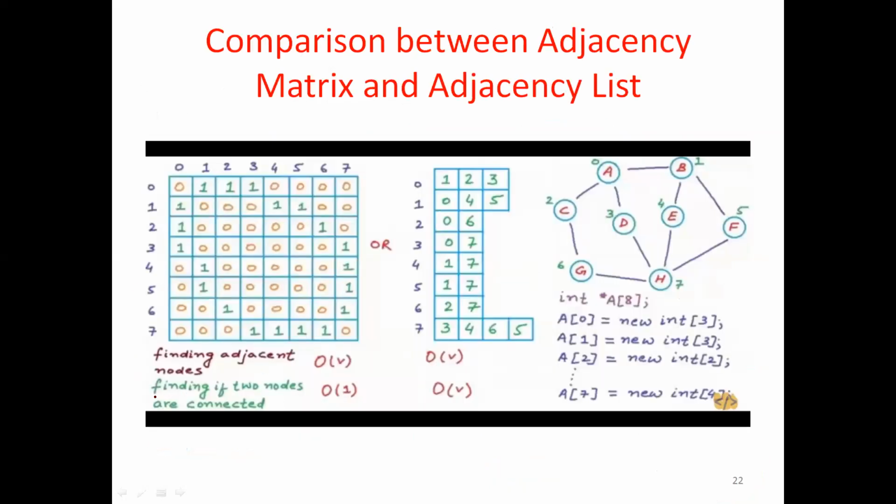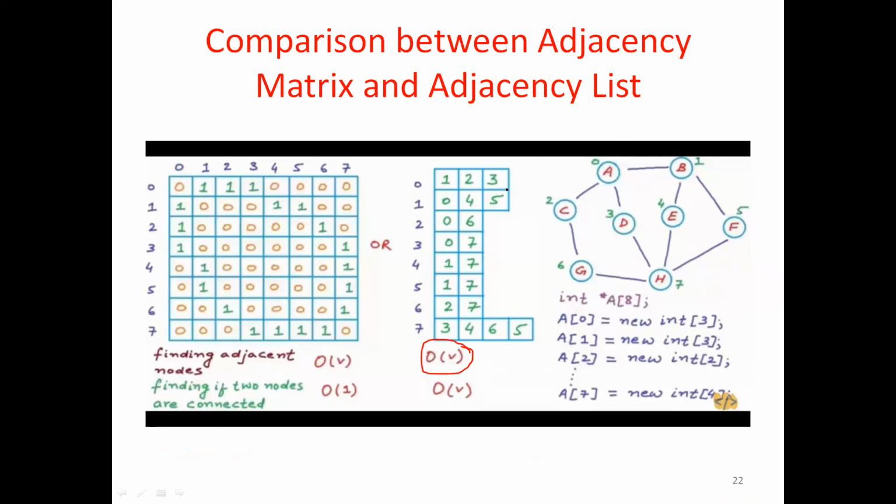Okay, so here I have written clearly that finding the adjacency nodes in the matrix is of order 1. Similarly, finding adjacency nodes in the list requires order of V, depending upon the number of vertices.